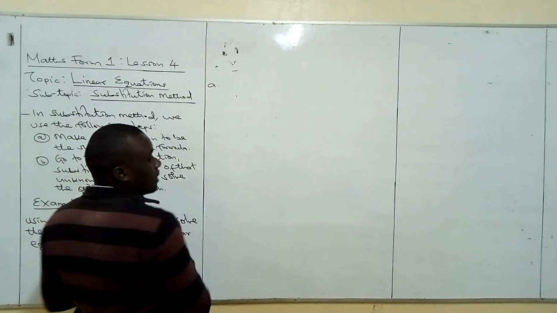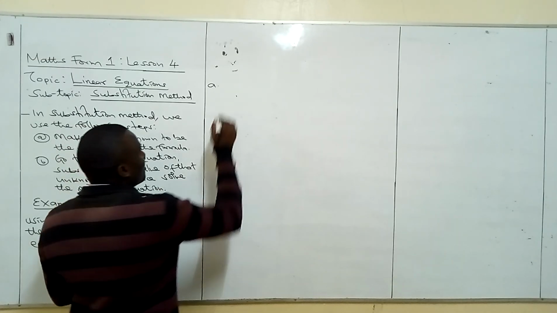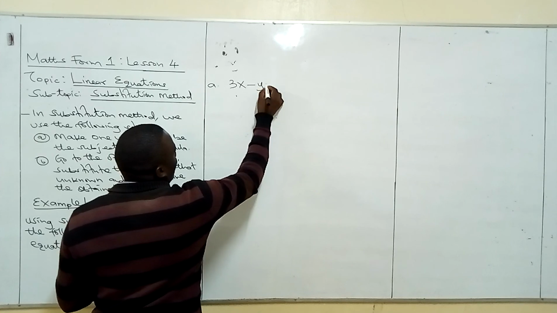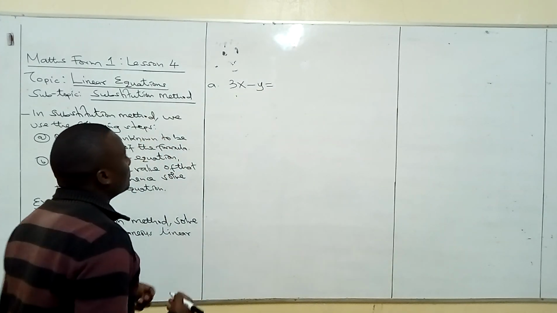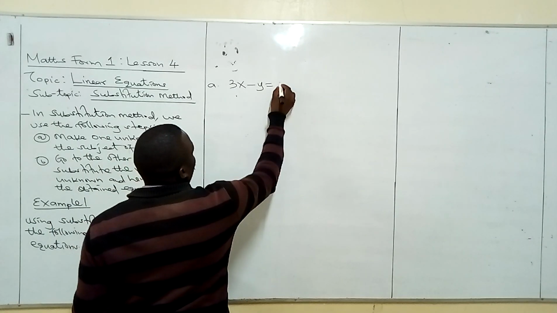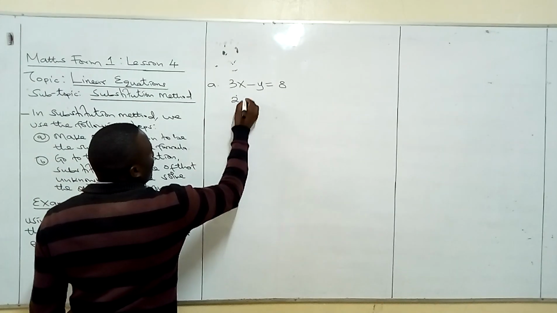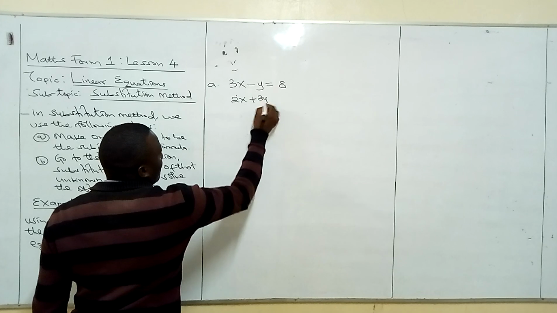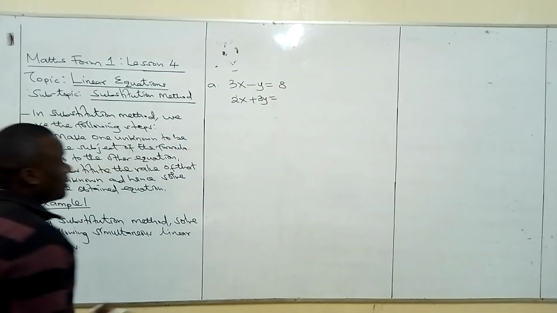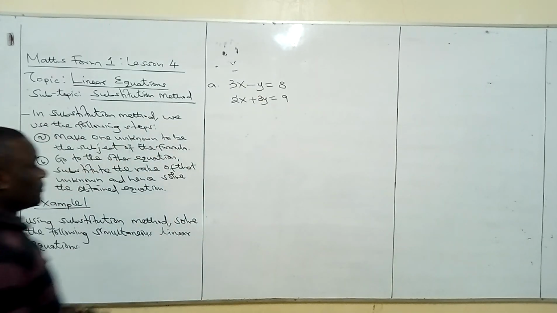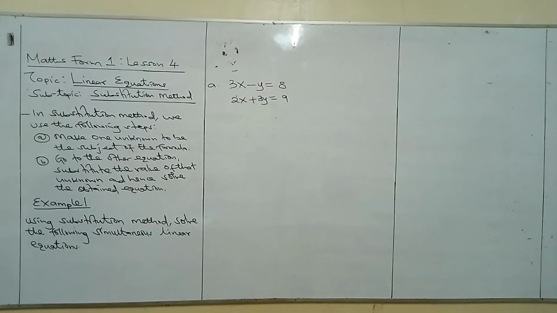We can think of two linear equations. We can say 3x minus y is equal to 8. We can think of another one by saying 2x plus 3y is equal to 9. So we have our two linear equations as shown.